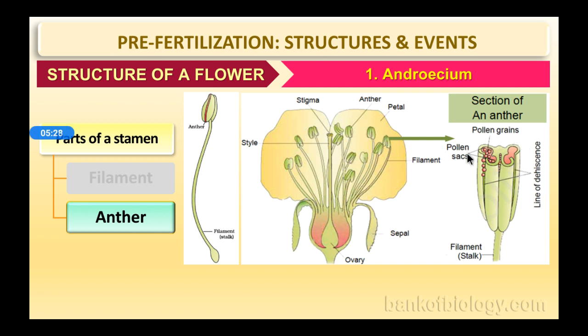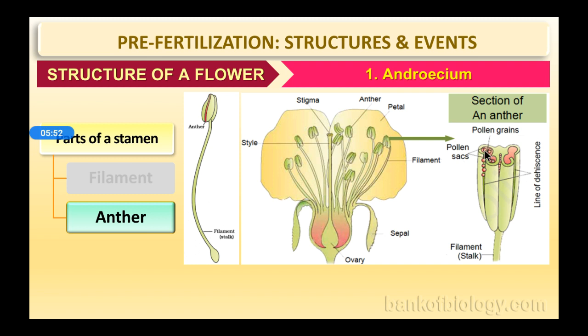In each lobe there are two cup-like structures. One here, one here, one here, one here. This cup-like structure is known as theca.